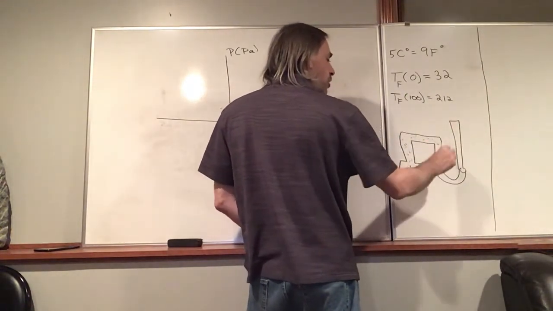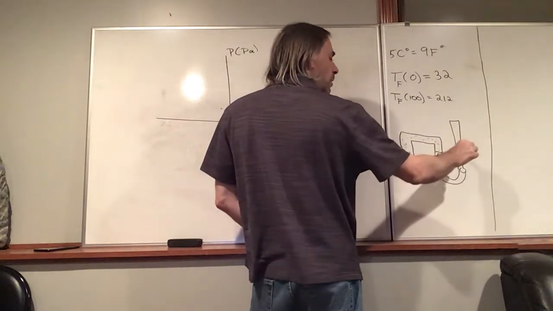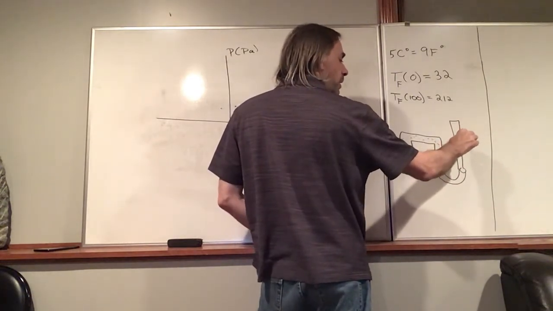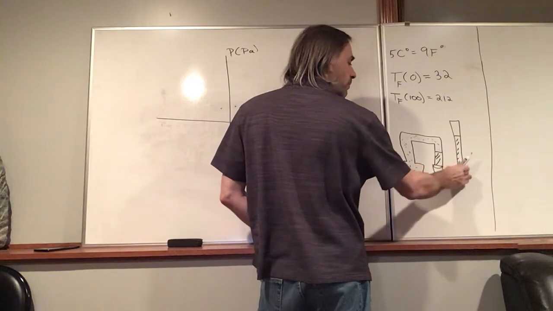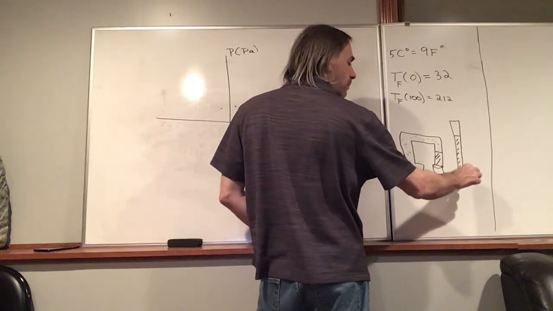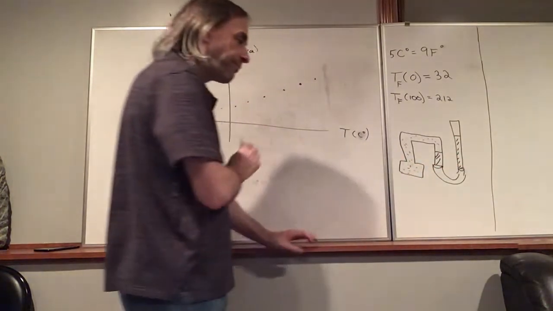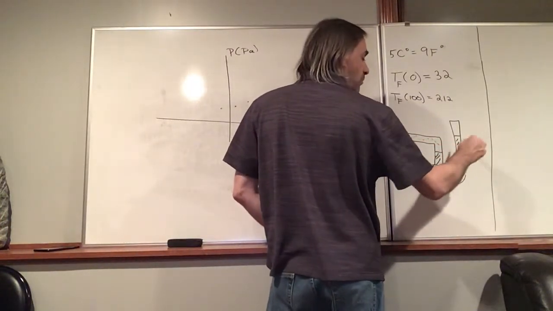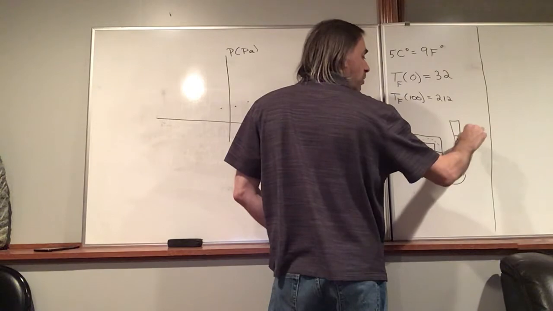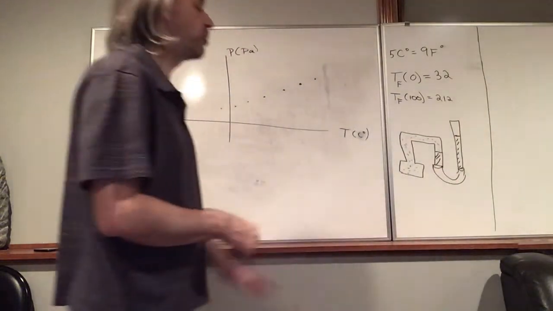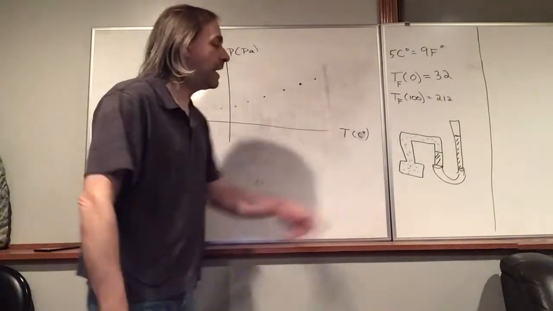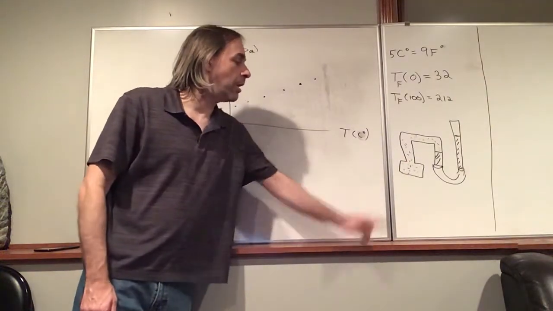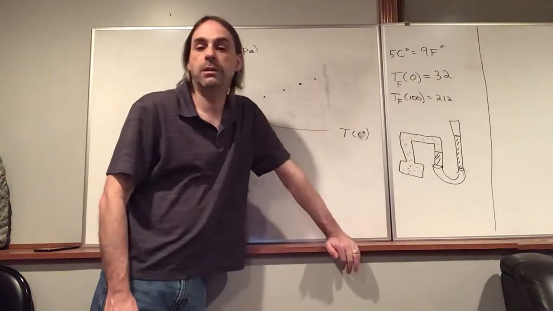There's some mercury in this one, and there's also mercury in this one. And again, we'll have some reference level. This will measure the temperature and pressure of this particular gas.